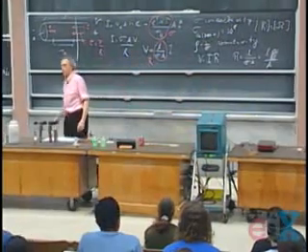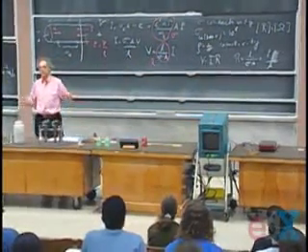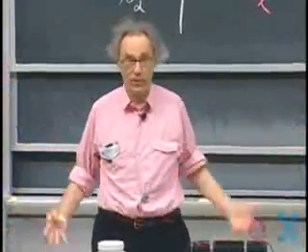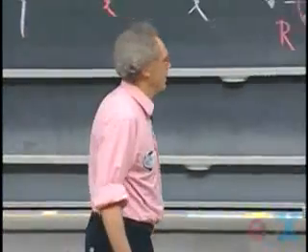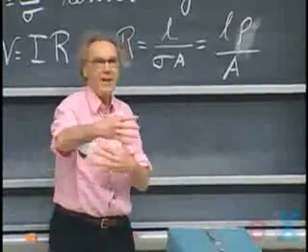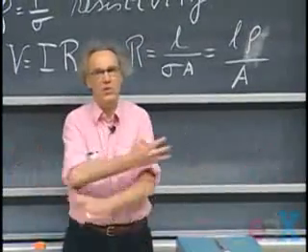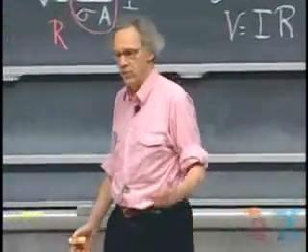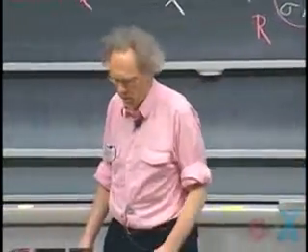Think of this as water trying to go through a pipe. If you make the pipe longer, the resistance goes up, so that's very intuitively pleasing. Notice that you have A downstairs. That means if the pipe is wider, larger cross-section, it's also easier for the current to flow. It's easier for the water to flow. So that's also quite pleasing.